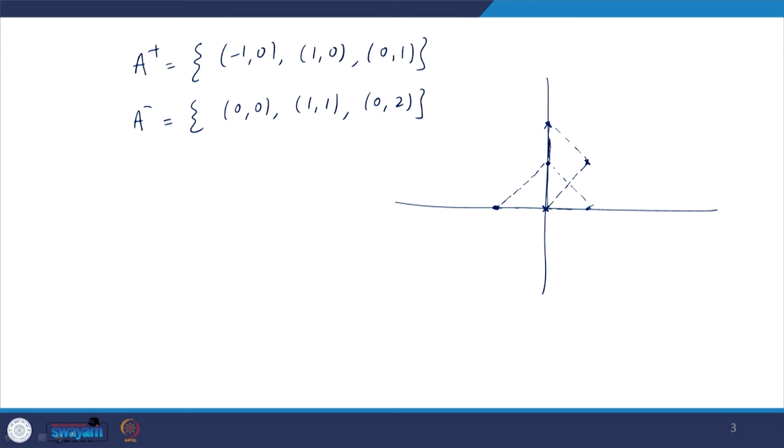So, now are they disjoint? This convex hull, this triangle of A plus, and this convex hull of A minus are not disjoint because this part is common. So, since they are not disjoint, they are not linearly separable.